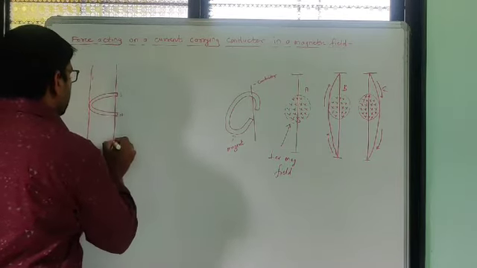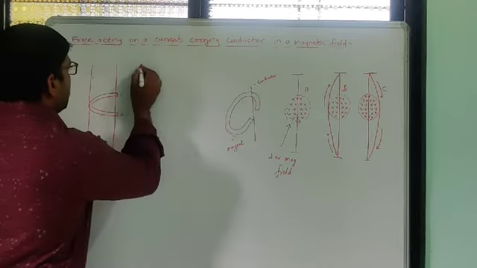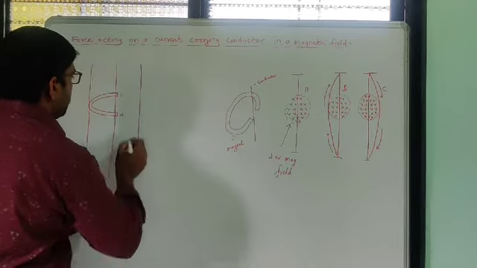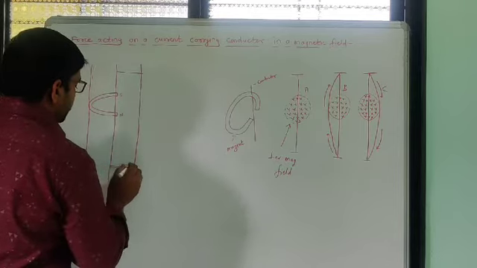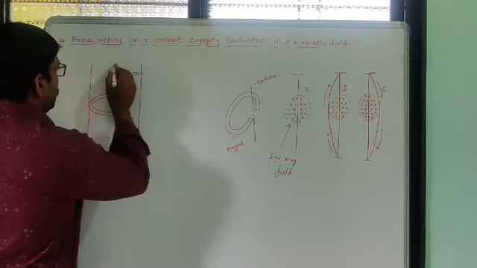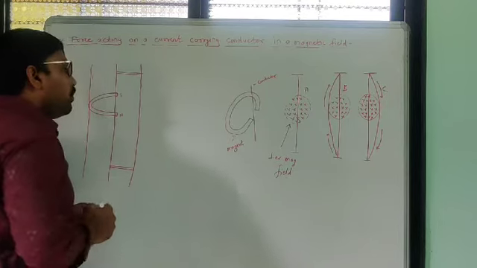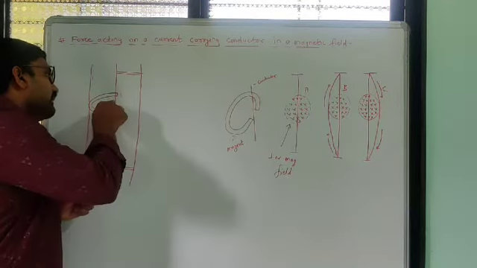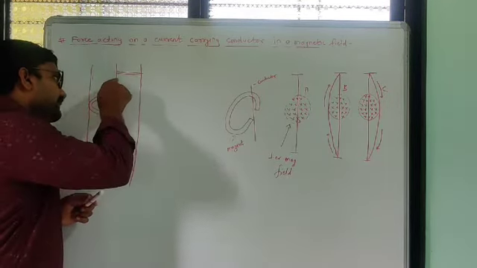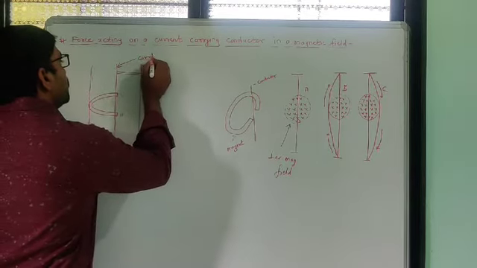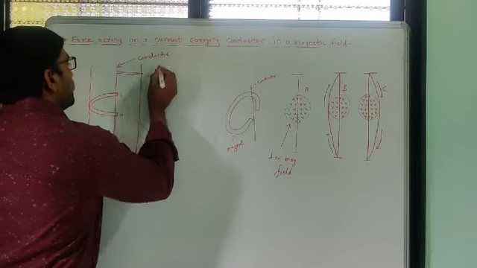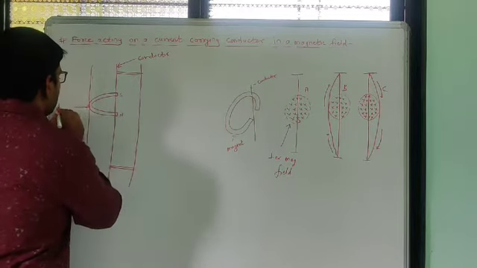One electric conductor is passed through it, and another stand is on the side. So such a diagram is given in our book. This is the electric conductor, and this is the magnet.